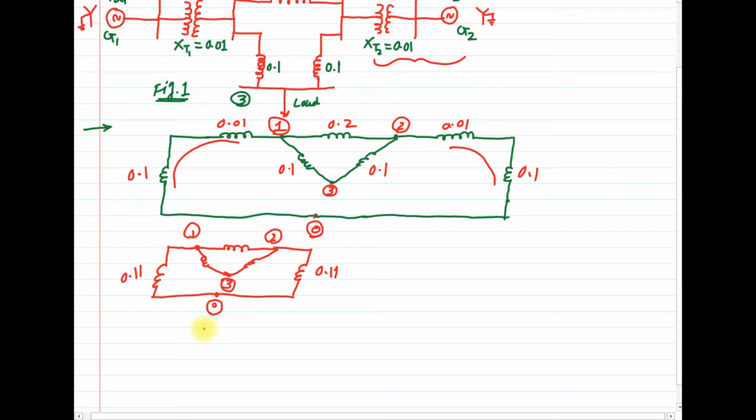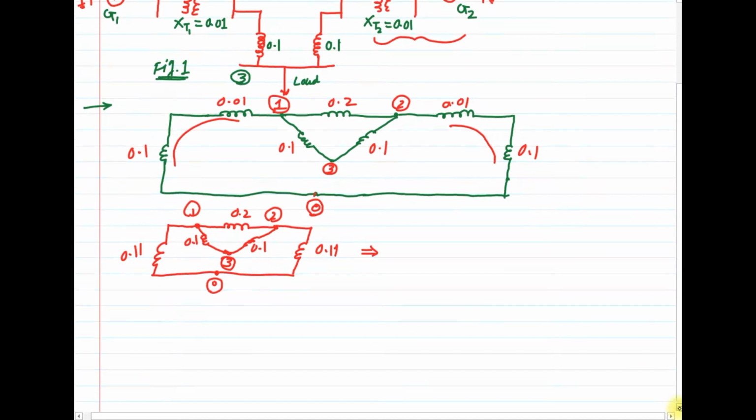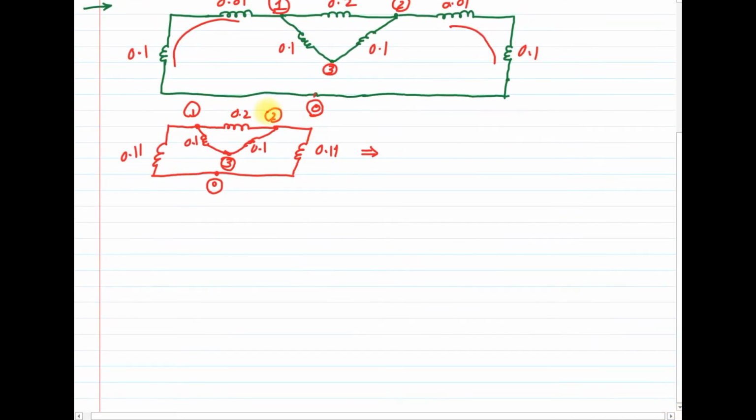Always just keep in mind that the generator is connected on the reference bus. Next, just write down the values 0.2, 0.1, 0.1.